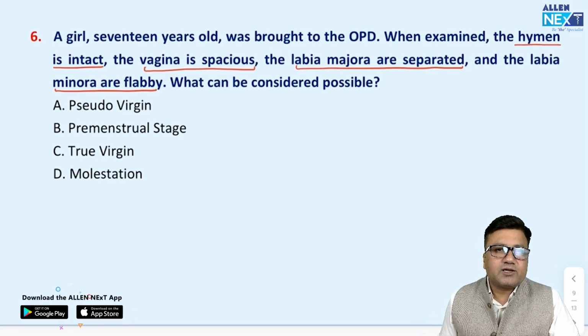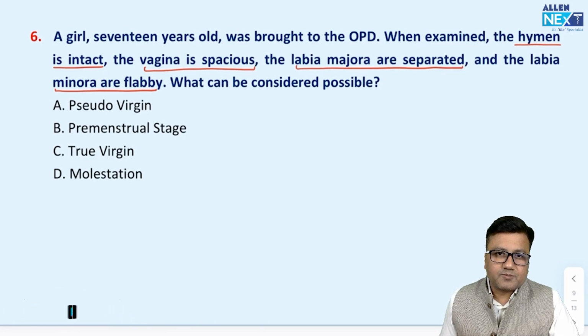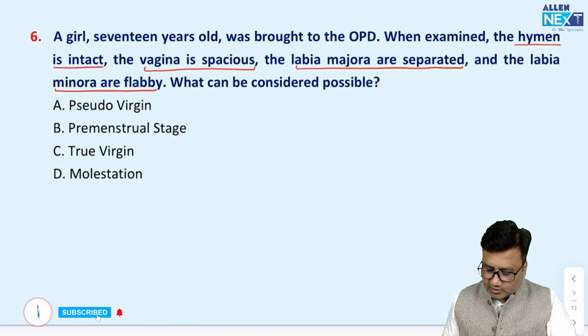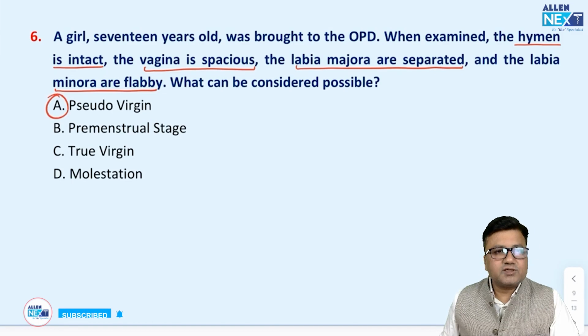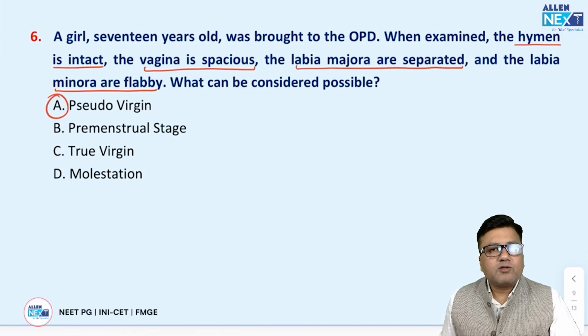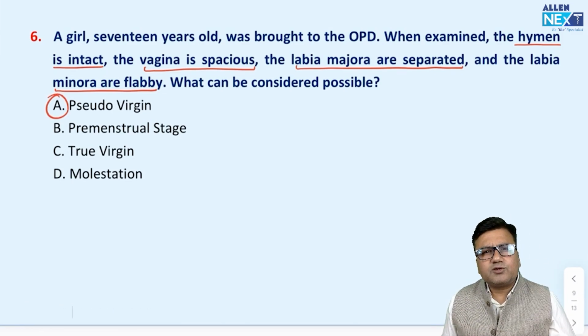These kind of females are called as pseudo virgins or false virgin. They are not true virgin females. So correct answer here is pseudo virgins or false virgin. So let's say, who is a pseudo virgin or a false virgin?